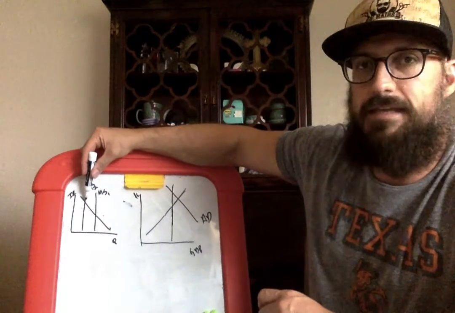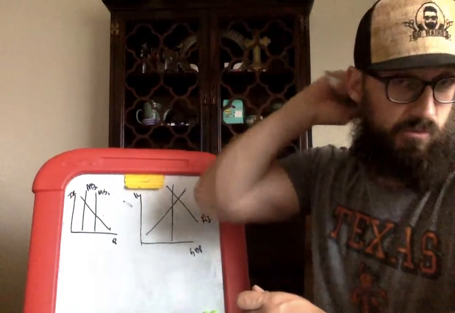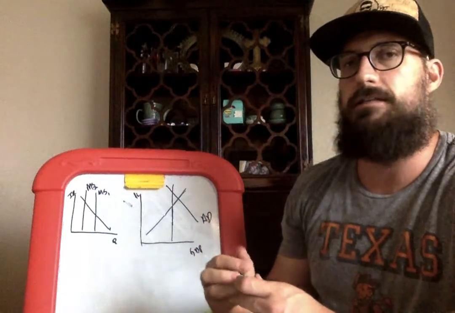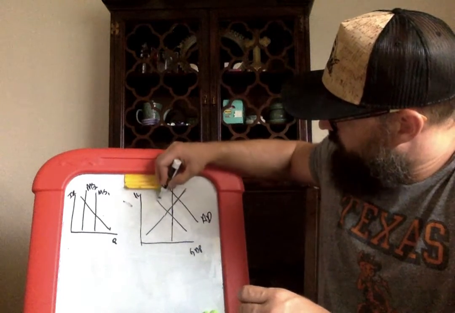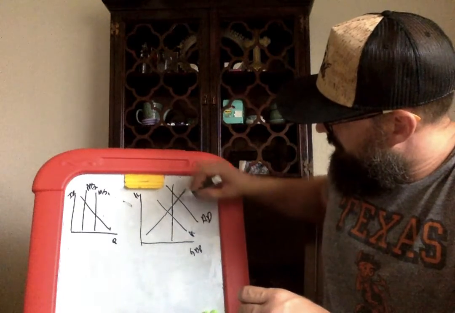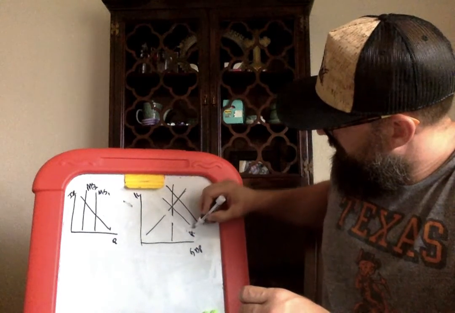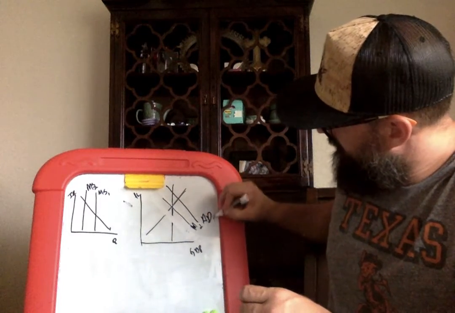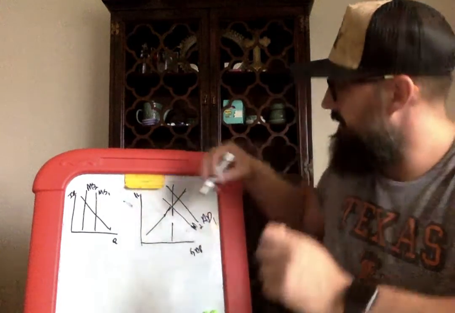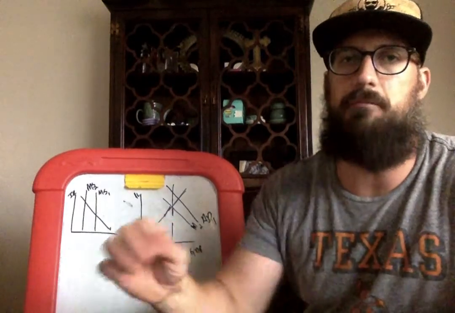By selling bonds, they increase the interest rate. By increasing the interest rate, it's going to be more expensive to take out loans. So by doing that, you're going to push your AD curve to the left, decreasing aggregate demand and getting you out of that inflationary gap.